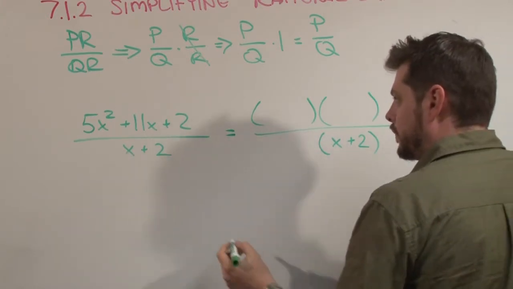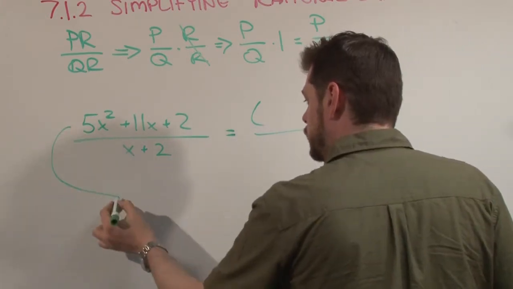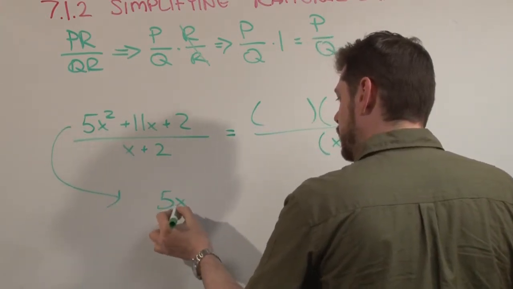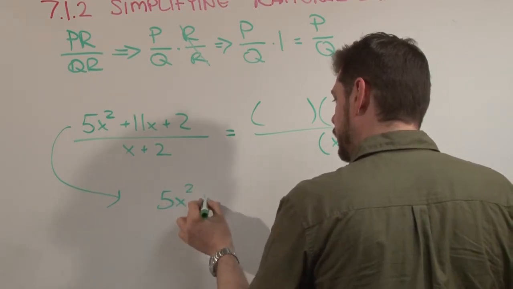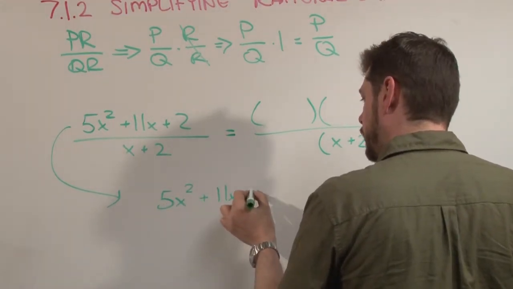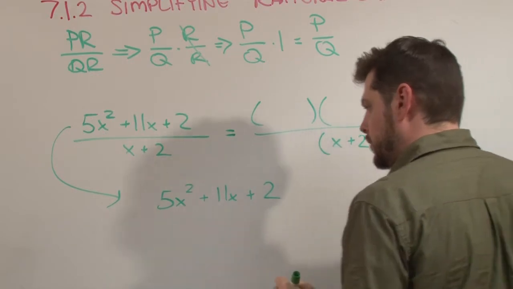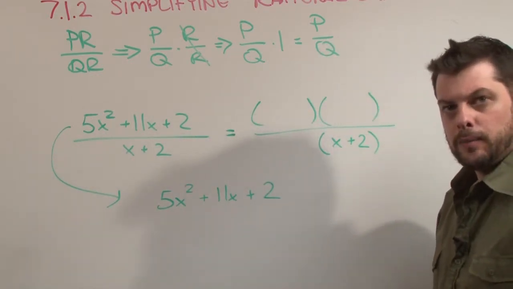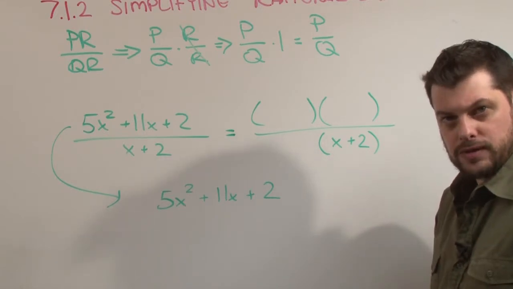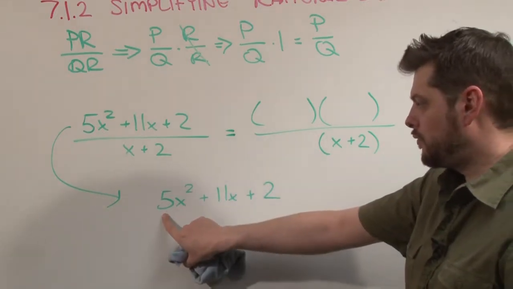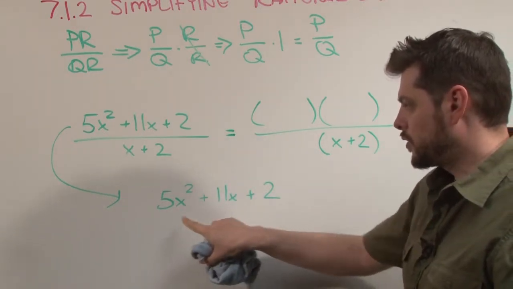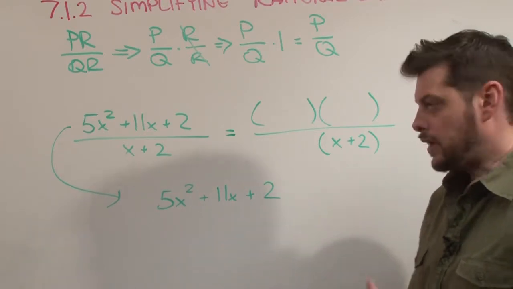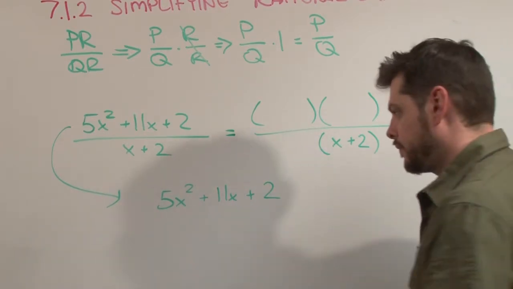So let's see. We're going to use our method for factoring polynomials. The method that I like to use is a little bit more cumbersome, but it shows all the steps that are involved. And when you have numbers in all of your terms that aren't 1, this method works every time. Okay?